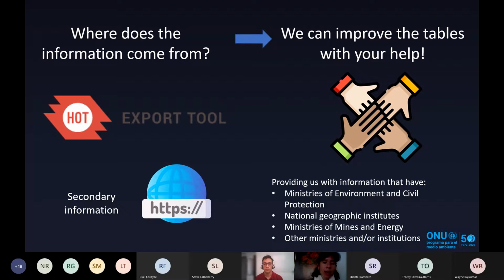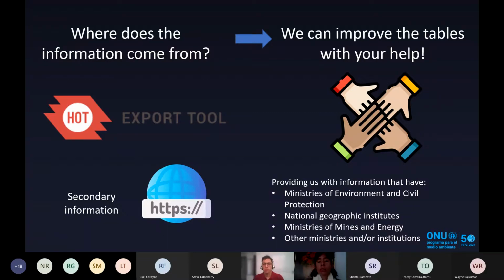to provide us. It is the information that comes from the Ministries of Environment and the Civil Protection Ministries, the National Geographic Institutes that, for example, give information about the use of soil or different kinds of industries in the country, or, for example, where plantations and this kind of operations are located.